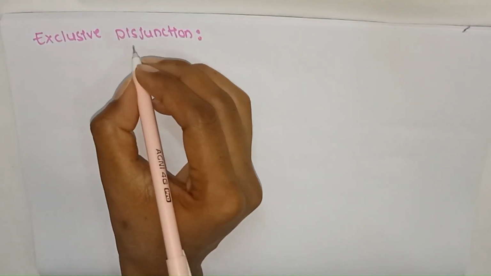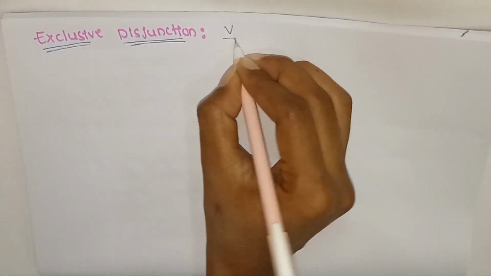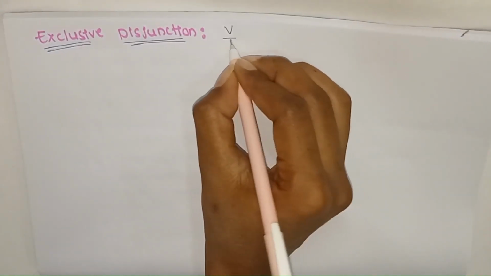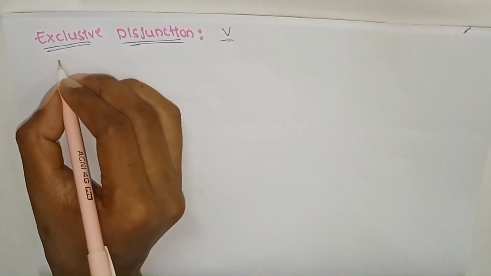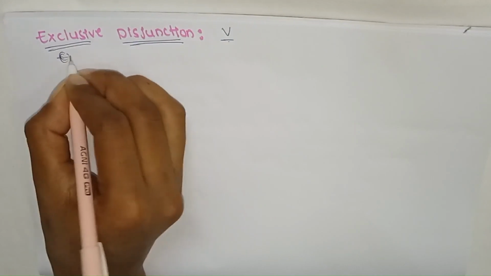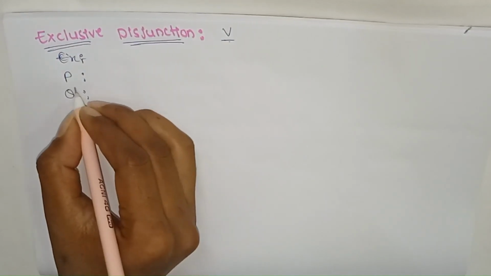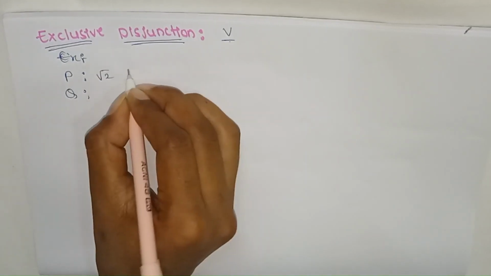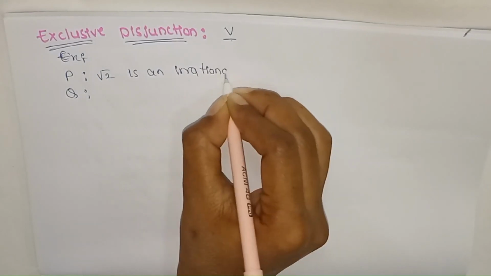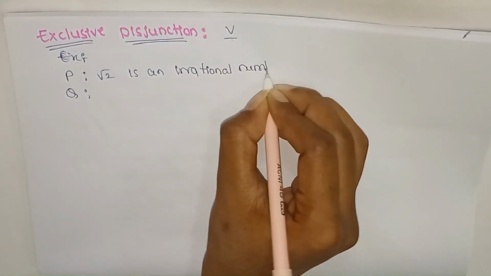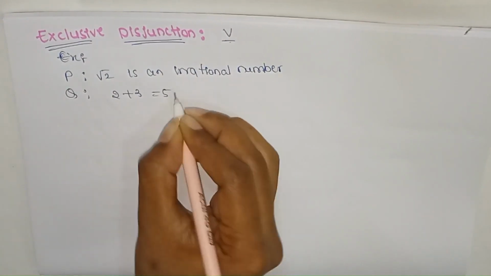Now let us understand the exclusive disjunction. It is denoted with this symbol and reads as or but not both. Consider the same kind of example with two statements P and Q. Here P is root 2 is an irrational number and Q is 2 plus 3 is equal to 5.